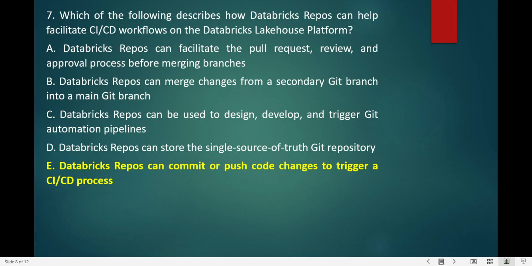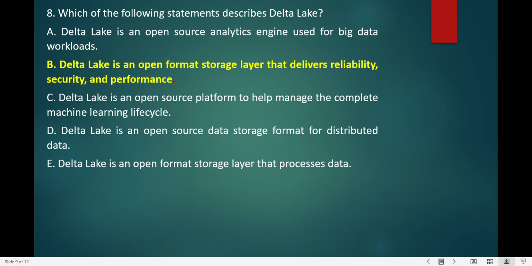These are for developing code, but they do not trigger pipelines directly. Databricks Repos can store the single source of truth Git repository. The single source of truth is in the Git provider, not Repos. So the correct answer is that Databricks Repos can commit or push code changes to trigger a CI/CD process. This is exactly how Databricks Repos help facilitate CI/CD, by allowing users to commit and push changes that trigger automated pipelines.